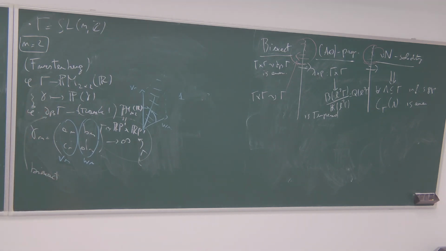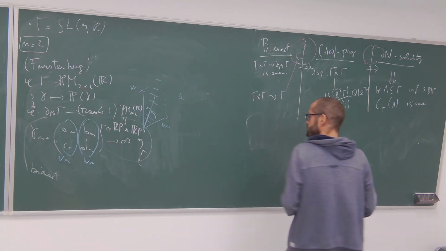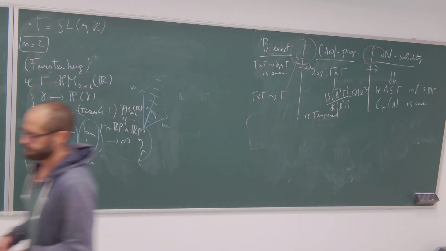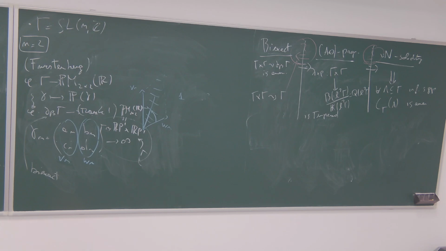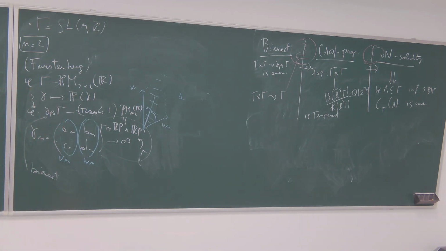So okay, this was just another approach that, by the way, will be useful in a moment. Now we look at what happens if I take n greater or equal than 4.